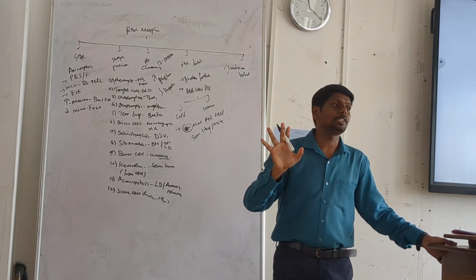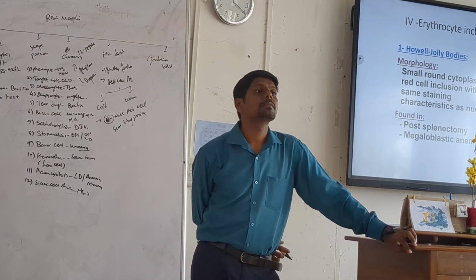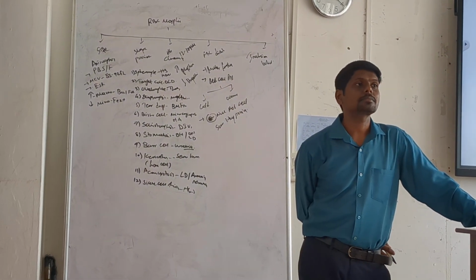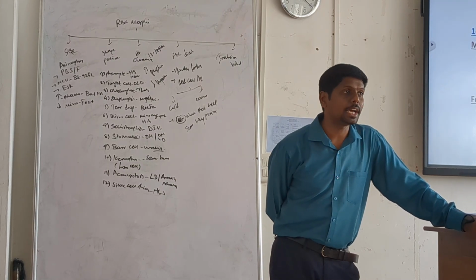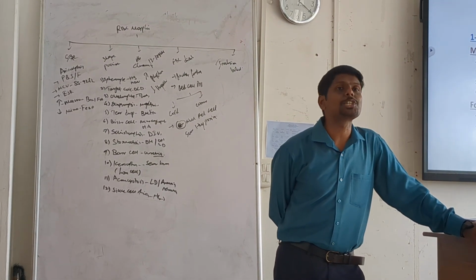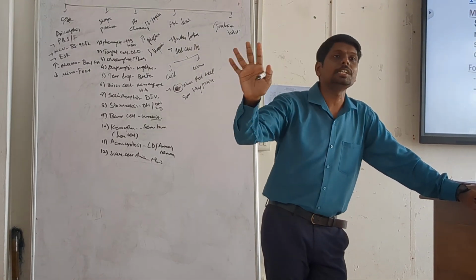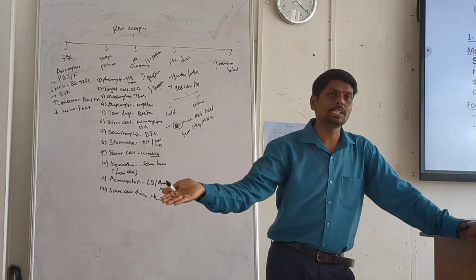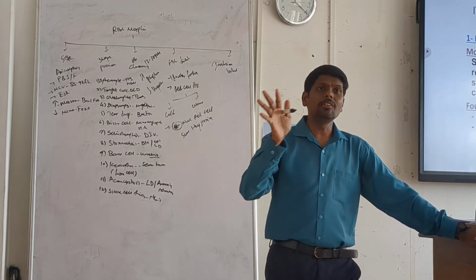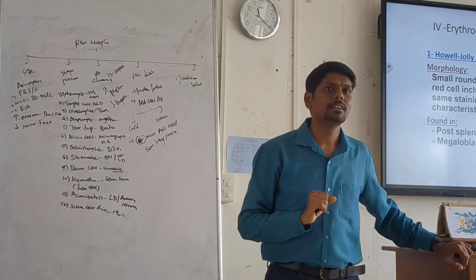Do you know what hypoxia means? Decreased oxygen levels, oxygen deprivation, a lack of oxygen is called hypoxia. Hypo, decreased, oxia. Okay. In what conditions can hypoxia happen? Can you tell?